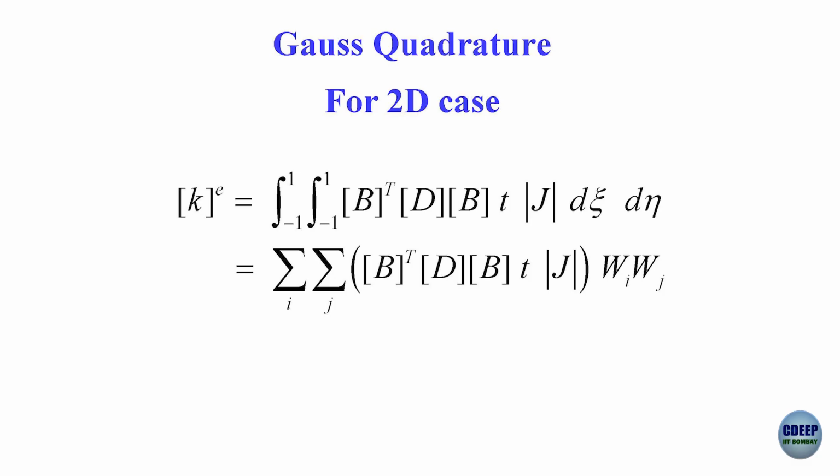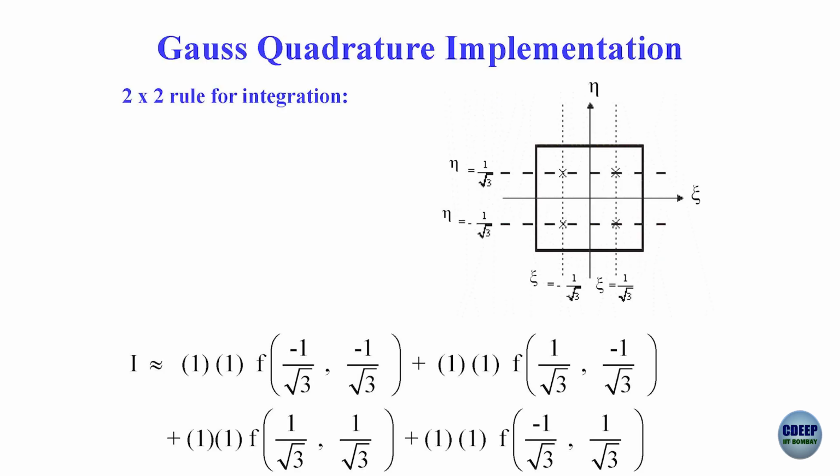The way we have done exactly this, the same way we will do it in 2 dimensions, and the integrand is this B transpose DB. Obviously, this 8 by 8 matrix calculation 4 times will all be done inside the computer program, not by hand. So, this is how it will look.